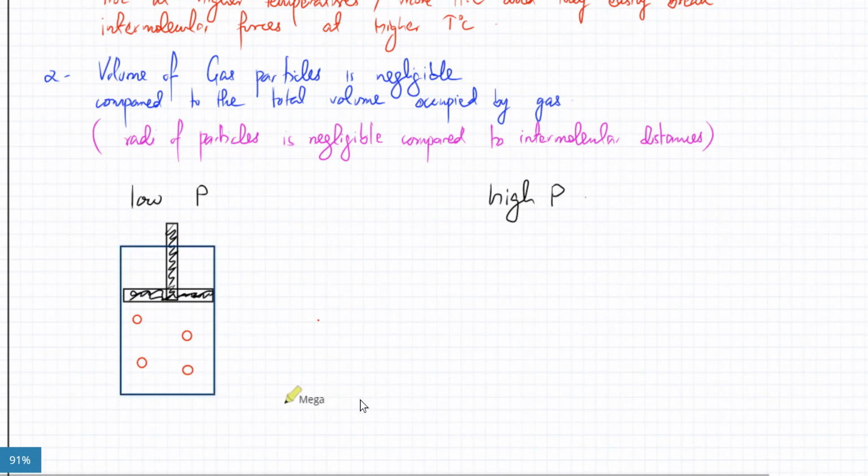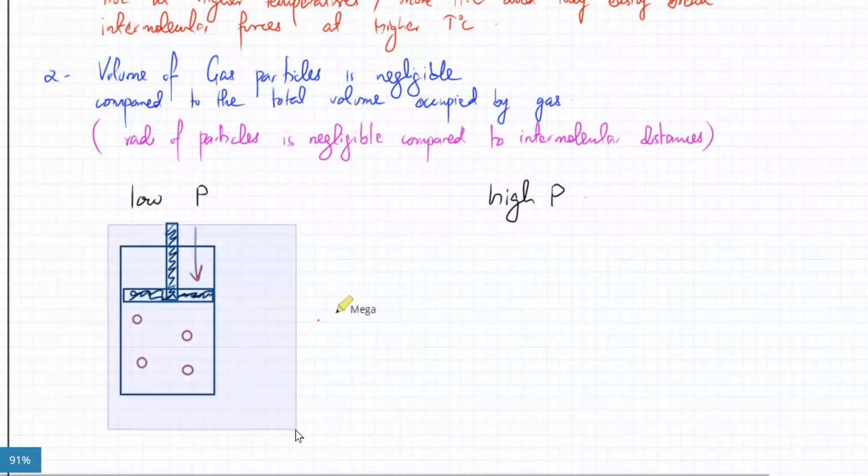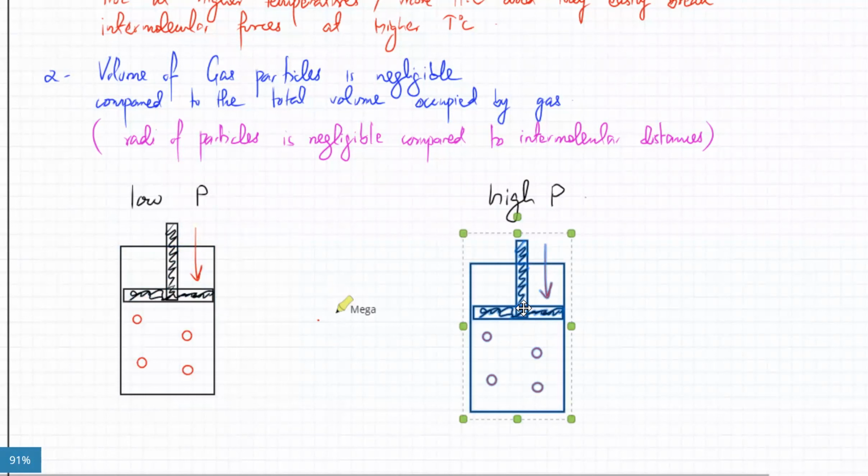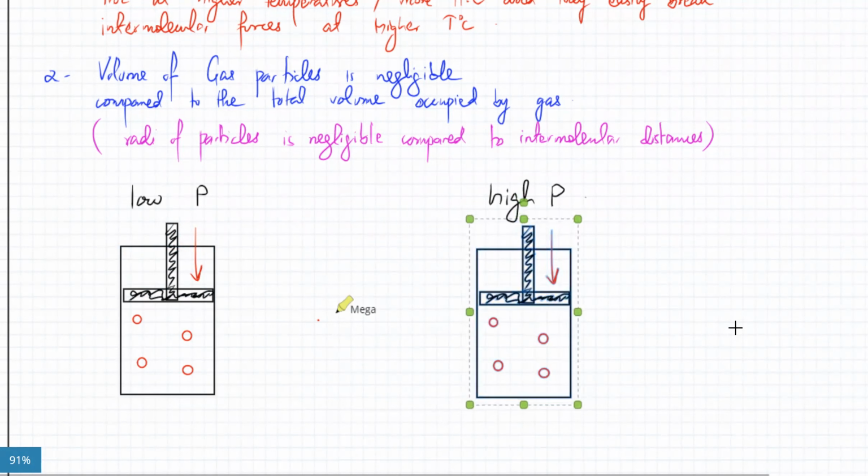That's at low pressure. If I were to increase pressure, I'm going to press down on the piston. So here's the same container, and now it's going to be at high pressure.